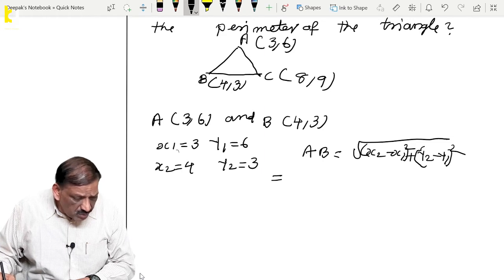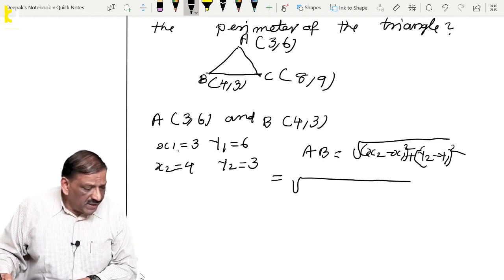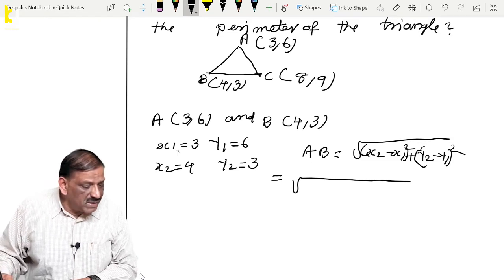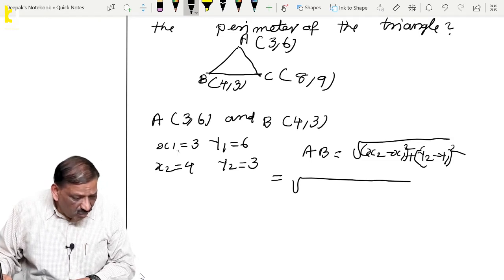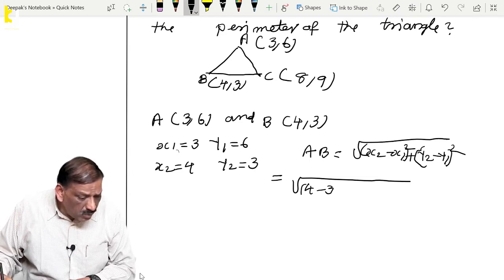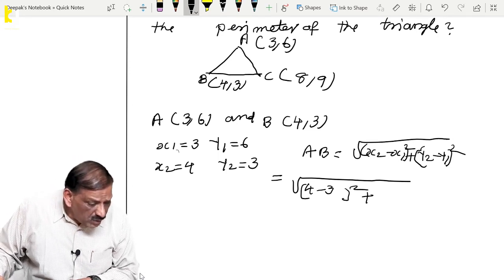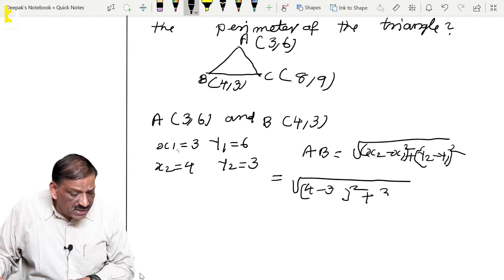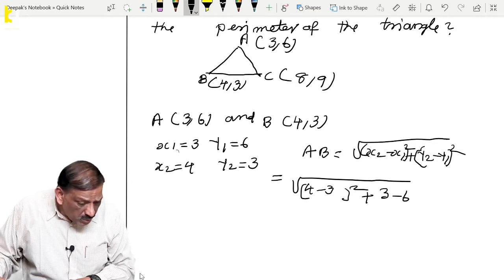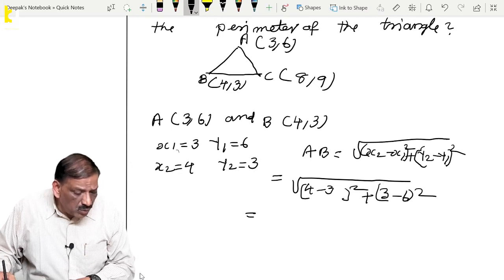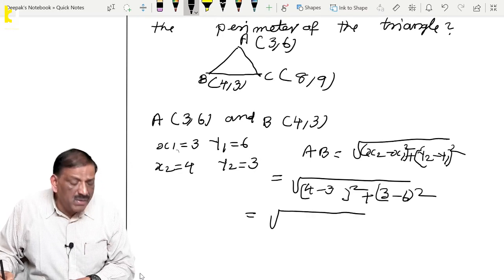So, this is equal to root of (x2 minus x1) whole square, here it is (4 minus 3) whole square, plus (y2 minus y1) whole square, that is (3 minus 6) whole square. That is equal to root of (4 minus 3) whole square.